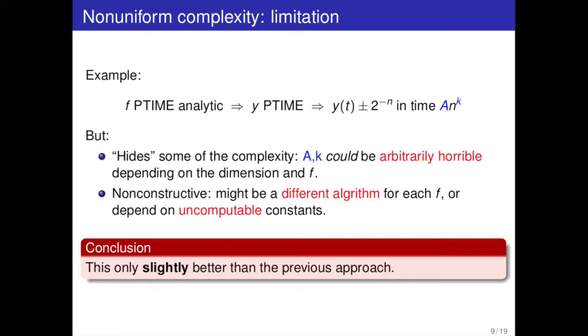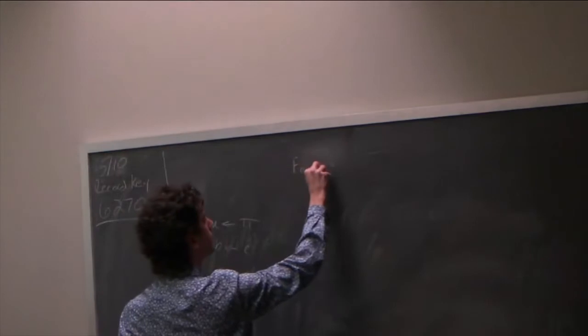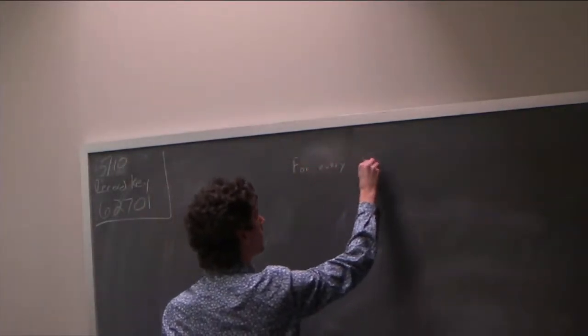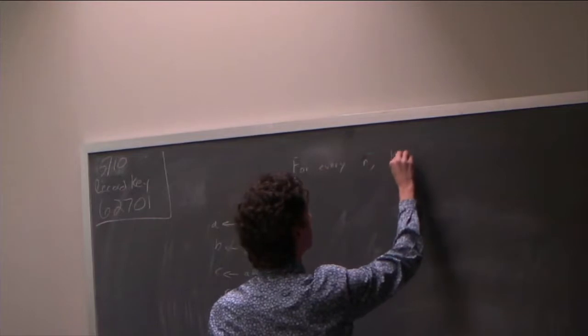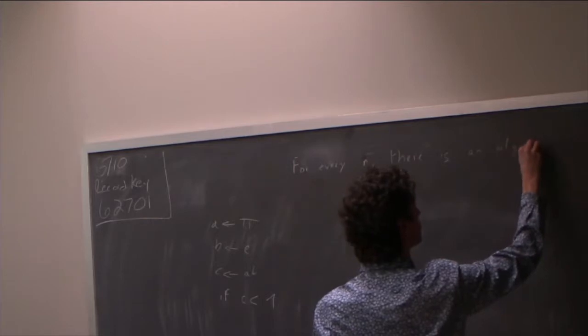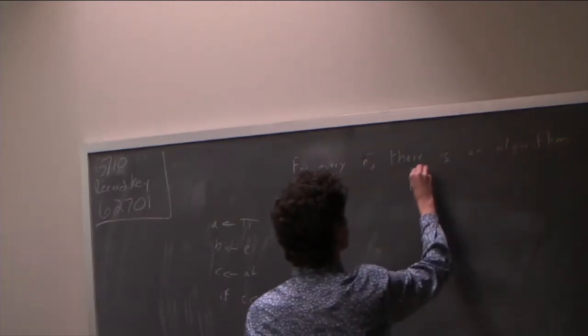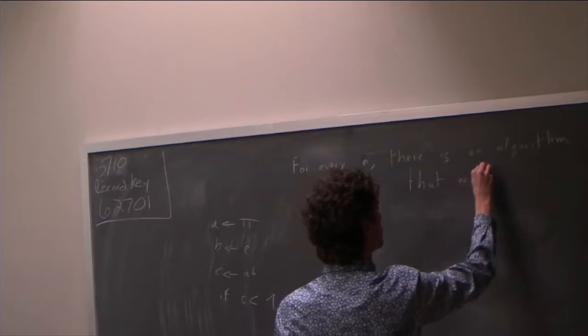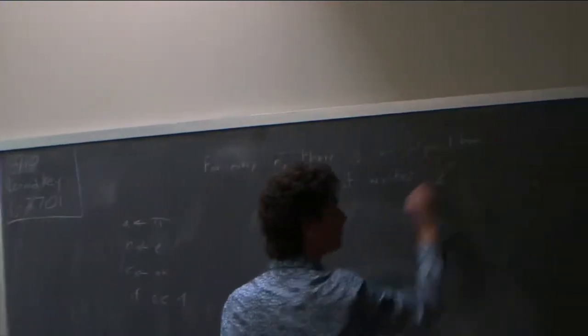For example, if you want to understand the difference, let's say for every n there is an algorithm that writes 2 to the n.